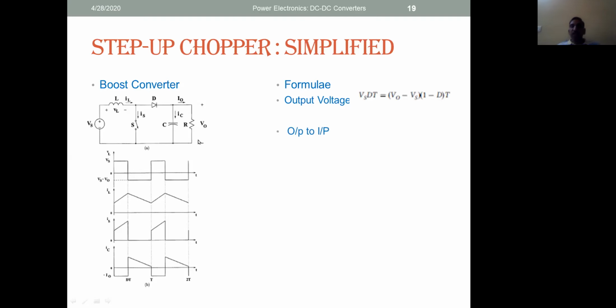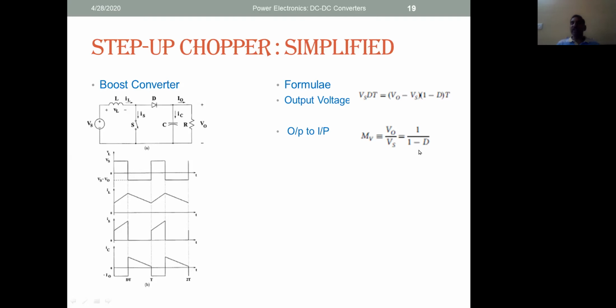So what mathematics do I get out of it? Vs into DT is V0 minus Vs into 1 minus D, where 1 minus D is typically the off period. This is my formula for the output voltage. Then the ratio of output to input, V0 by Vs, is 1 divided by 1 minus D.